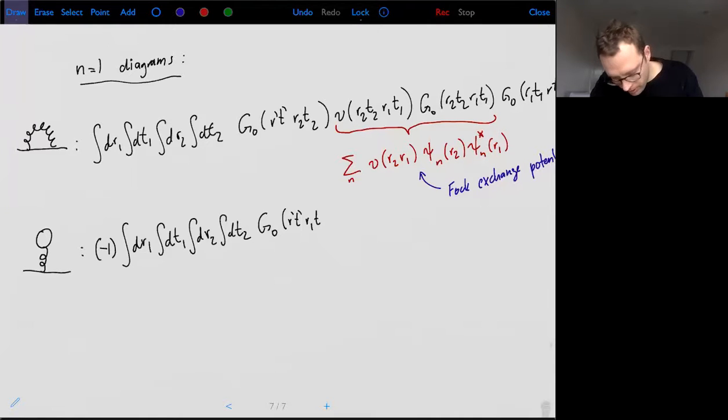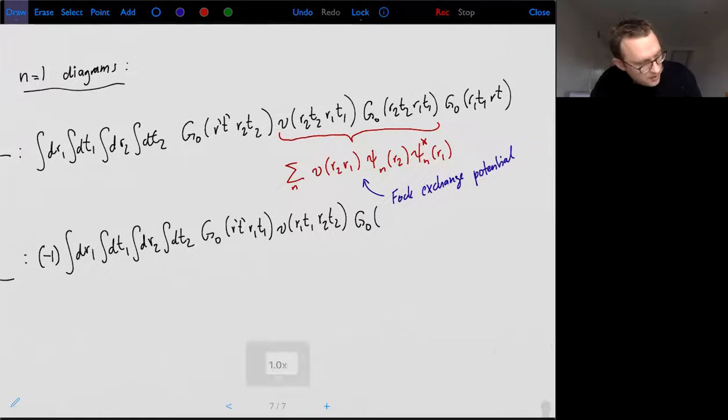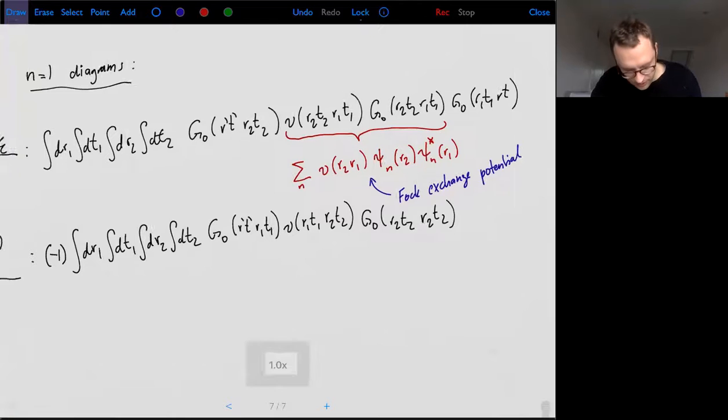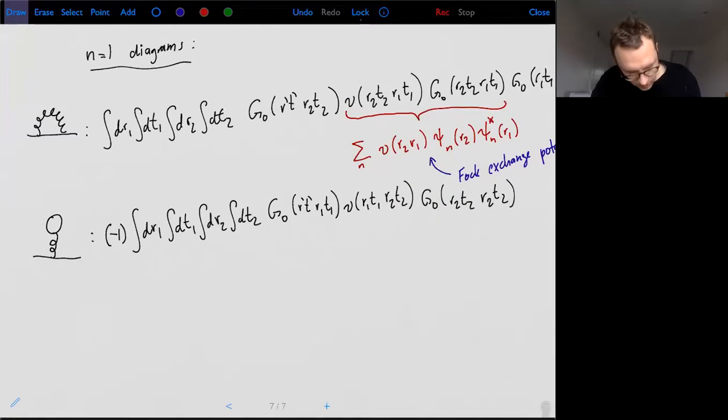R1, T1, V, R1, T1, R2, T2, another G0, R2, T2, R2, T2. So this is the Green's function that describes this closed bubble here, because it starts and ends at the same point.